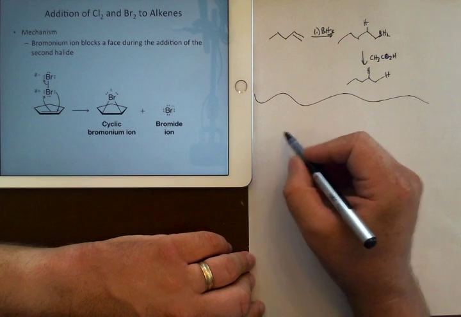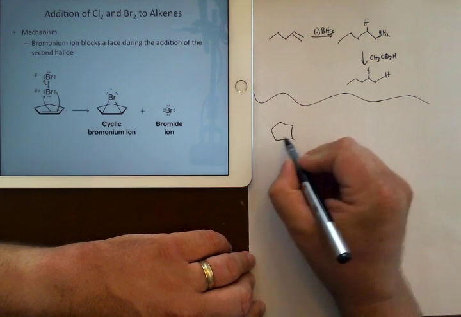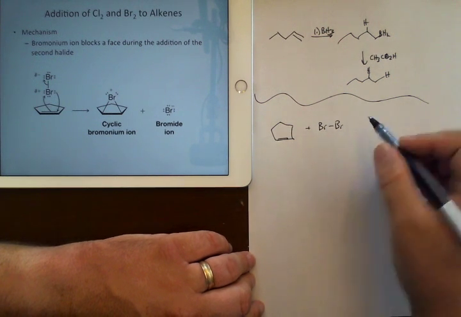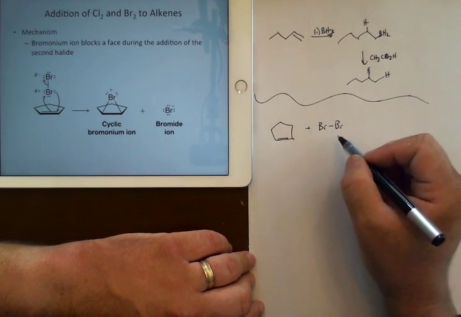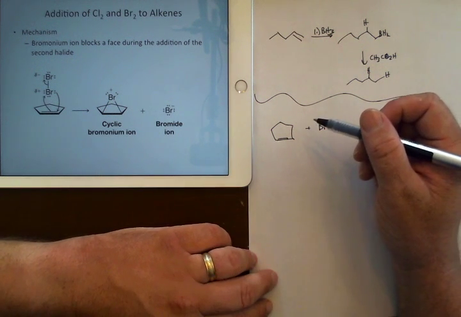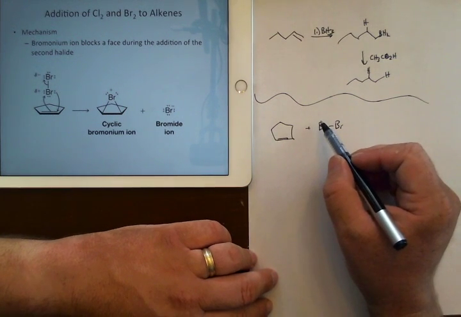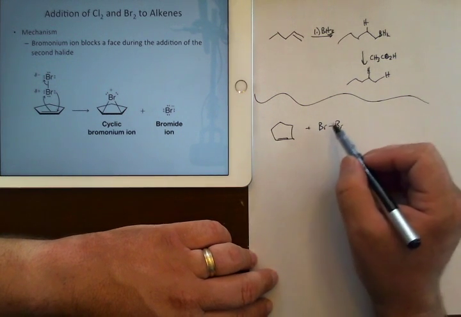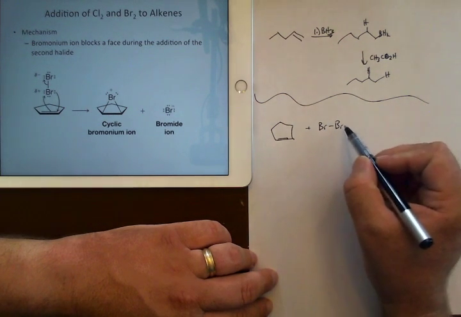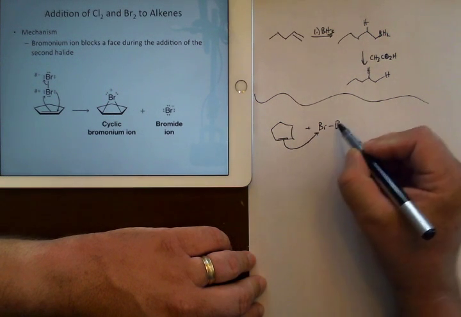So if you have a double bond here and you add Br2, even though this is a polar covalent bond, remember the London dispersion forces. You can get a spontaneous dipole that establishes here, just because the electrons wander over to this side, and when you get that, the double bond can attack.